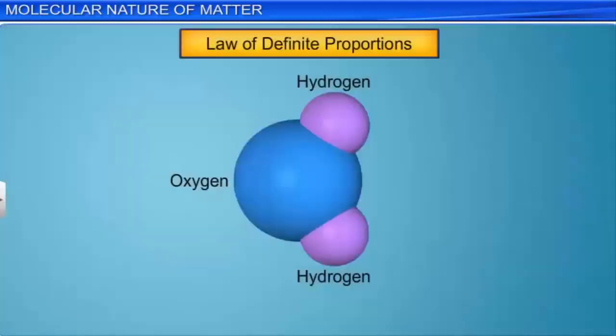For example, consider a water molecule. The ratio of the mass of oxygen, MO, to the mass of hydrogen, MH, in a water molecule is always fixed and is independent of how the water molecule is formed.